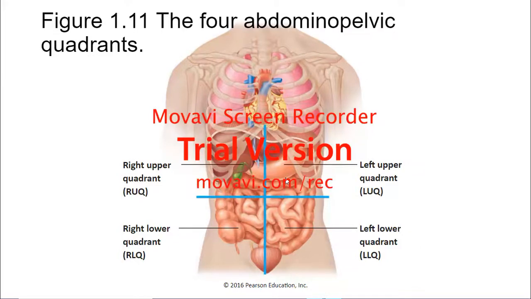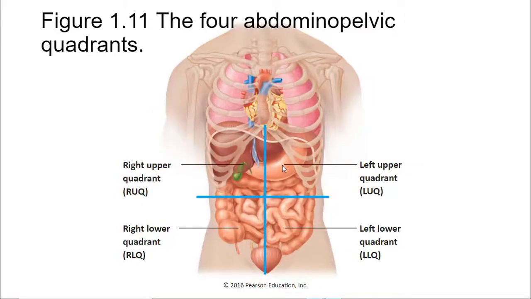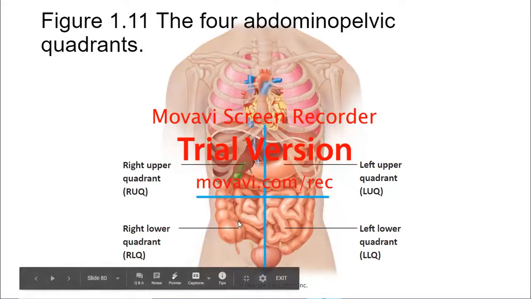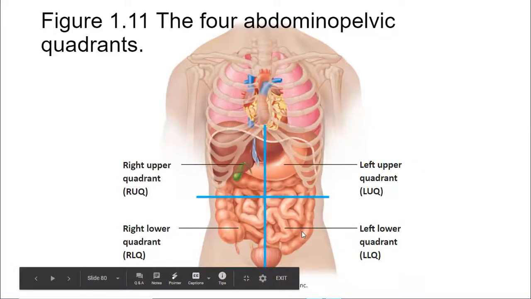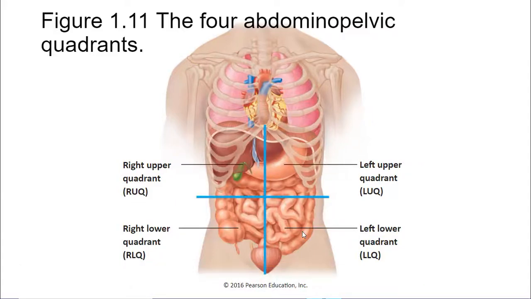In the left upper quadrant, you have a little bit of the liver, the majority of the stomach, some of the pancreas, left kidney, spleen, and the left adrenal gland. The right lower quadrant has your appendix, reproductive organs, and your right ureter. In the left lower quadrant, you have the ureter and reproductive organs also.